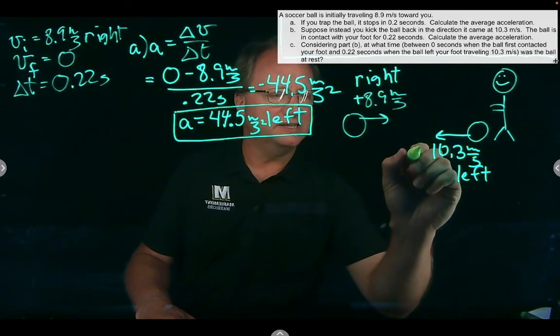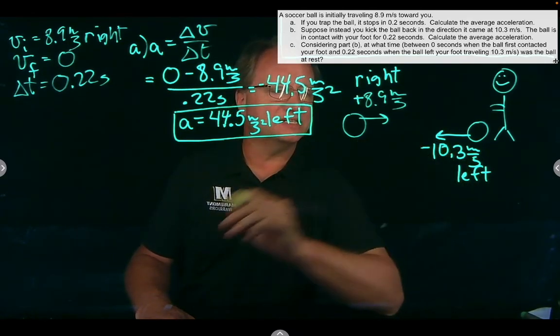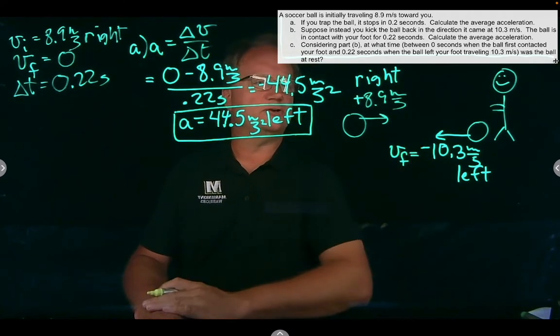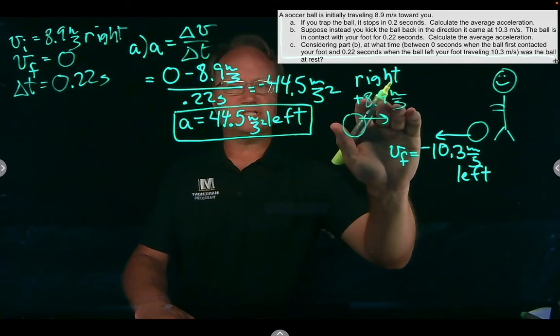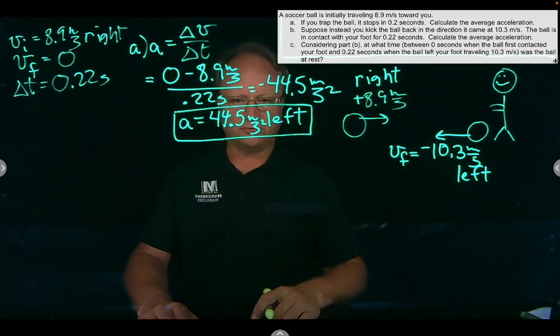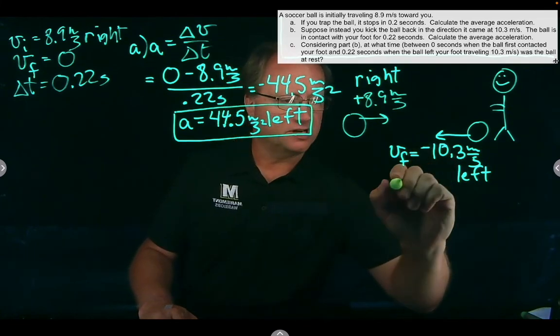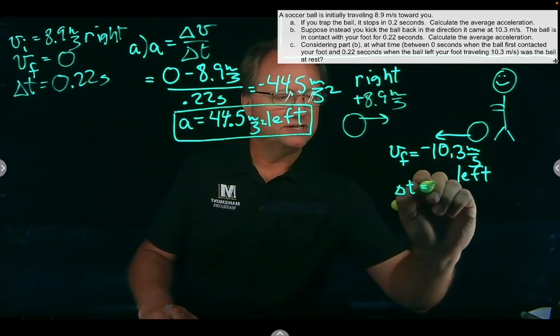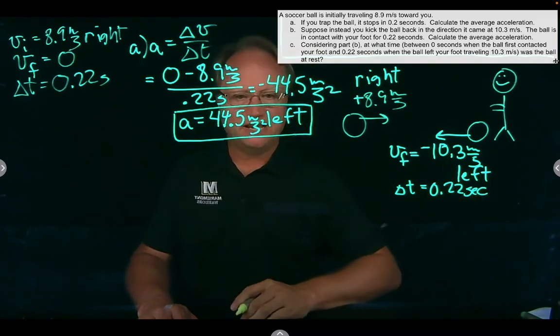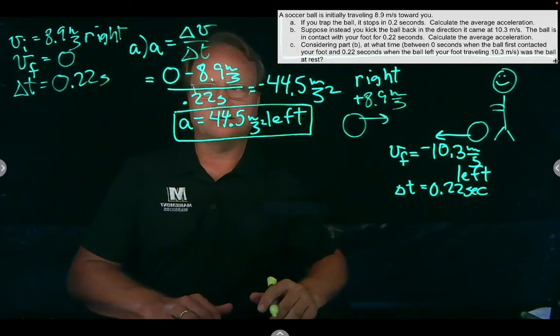So then this would have to go in as a negative value, and that would be the final velocity. So our initial is still 8.9, but now our final is negative 10.3, and the ball's in contact with your foot for 0.22 seconds. And we want to calculate the average acceleration.